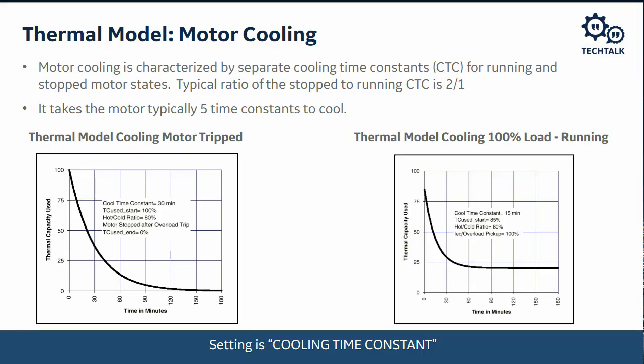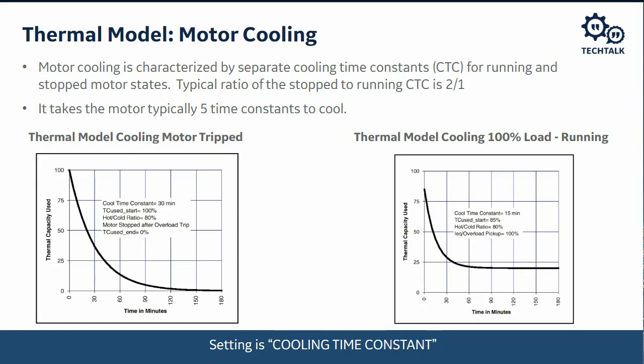If we don't have that information, what do we do? Well, there are probably a lot of motors out there that are set at the default values of 15 minutes cooling time constant for when it's running and 30 minutes for when it's stopped. And there are a lot of motors that are set there. That's not a terrible idea, but there are things that we could do.